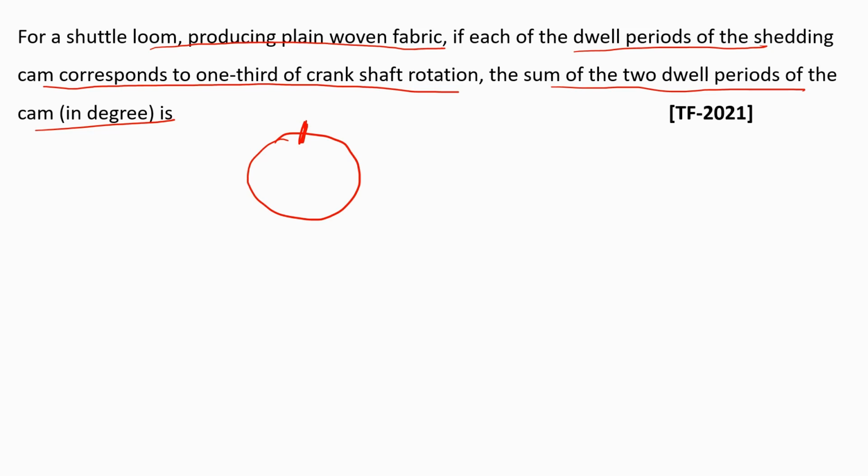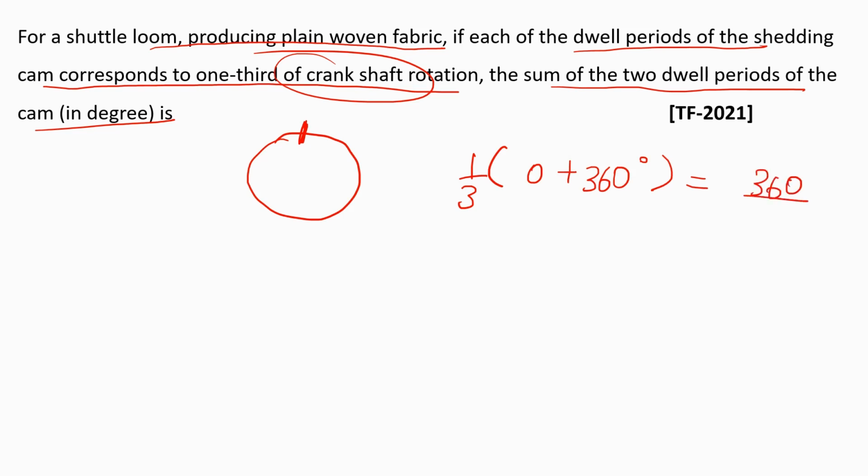So if each dwell of the shedding cam corresponds to 1/3 of the crankshaft rotation, and the sum of the two dwell periods, so two dwell periods are 0 degree and 360 degree, meaning 2 pi, respectively. So 1/3 of 0 plus 360 degree, so 360 degree upon 3, it will come out to be 120 degree.